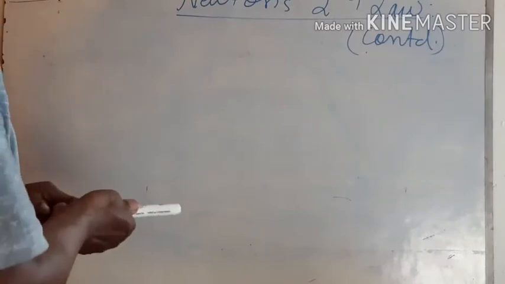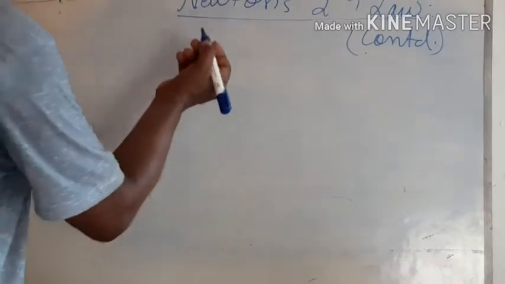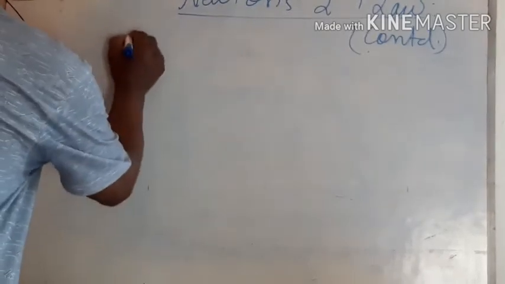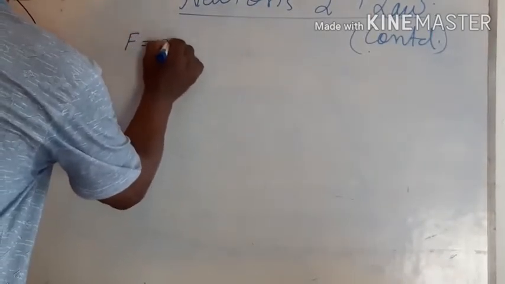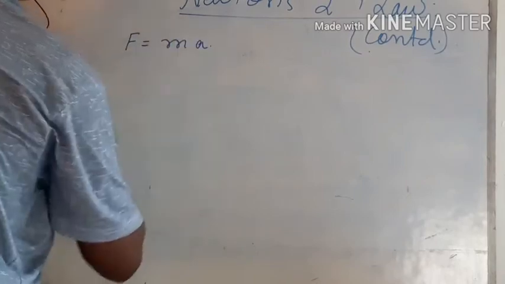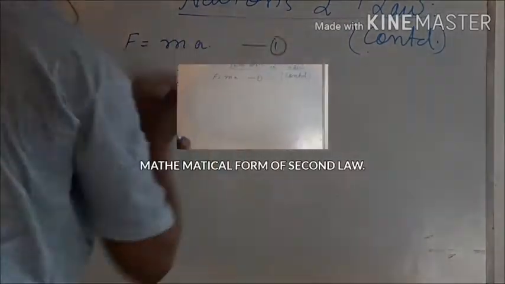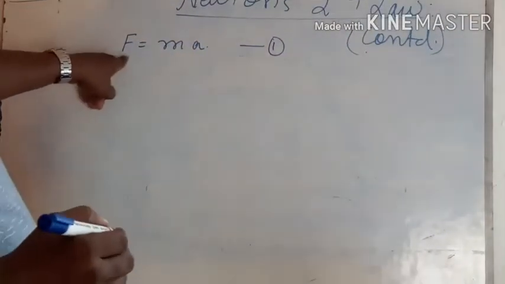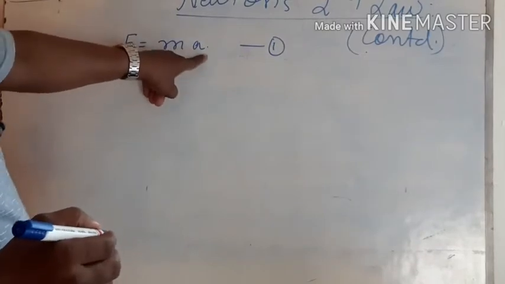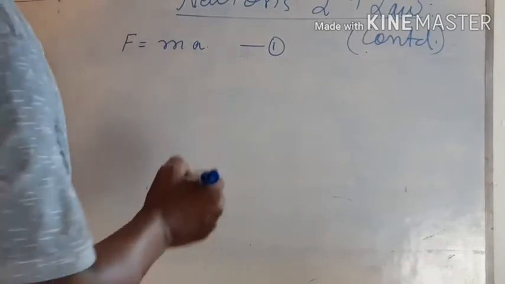So students, in the previous session we have derived the relation F is equal to m into A. Right? So here F is for force, as you know, m is for mass and A is for acceleration produced in a body.